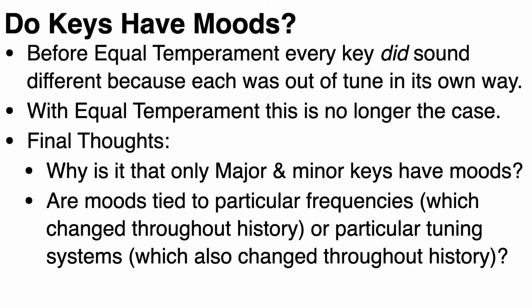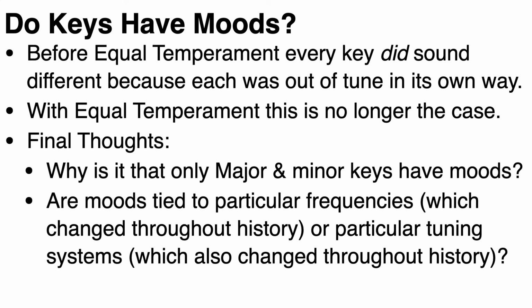Second, the frequency notes were tuned to varied widely across time periods, countries, and towns. It was only in the 20th century that tuning was standardized to A equals 440 Hz. So if moods are tied to particular frequencies, then the mood of keys should vary over time as notes were tuned to different frequencies.